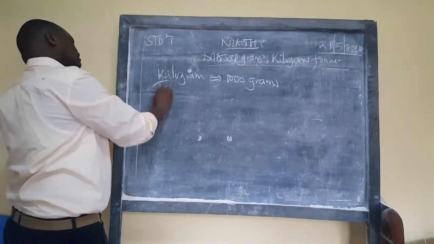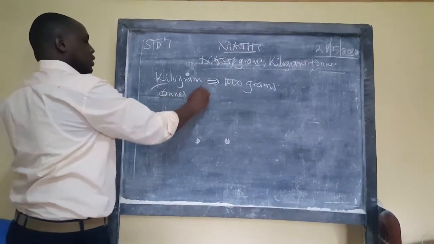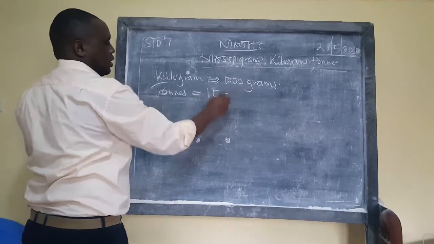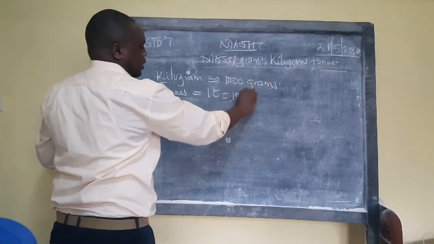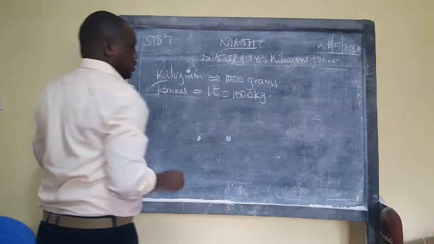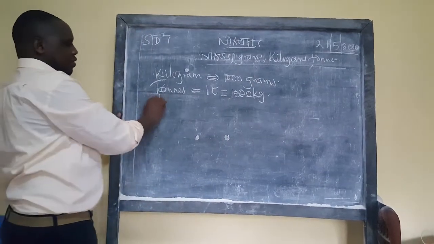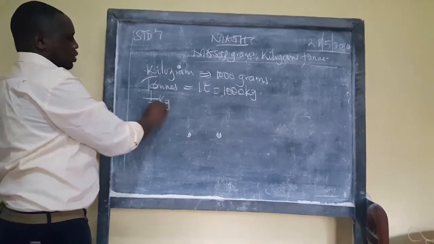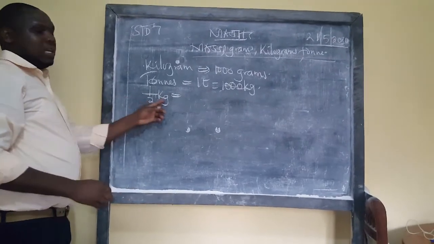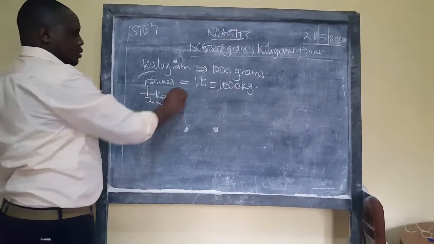Then we have tons. 1 ton is equivalent to 1,000 kilograms. Then, half a kilogram is 500 grams.